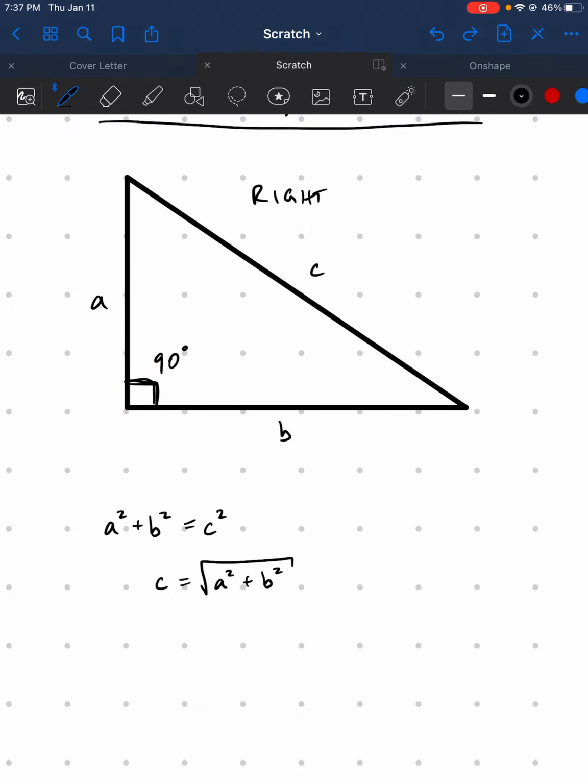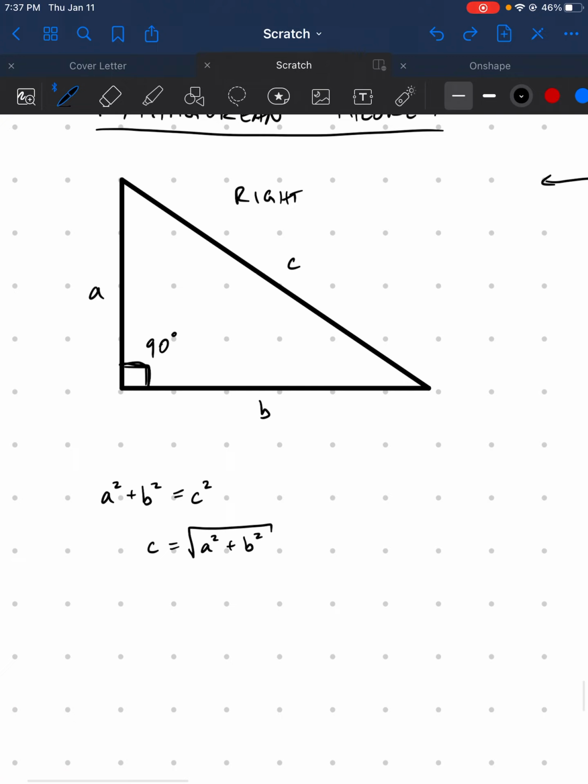But it works with any of them. So you know, this could be 5 and this could be 12, and this ends up being 13. That's a special one, because it's a nice number. It's exactly 13.